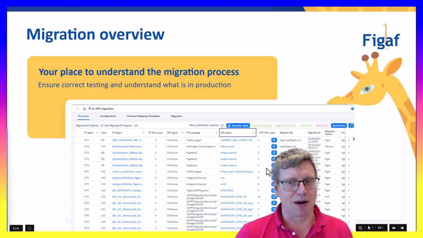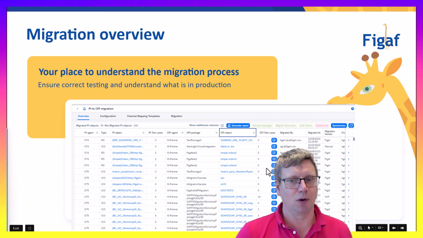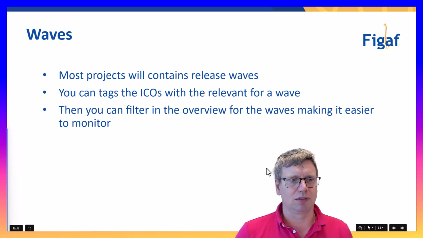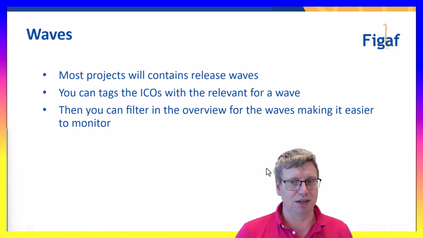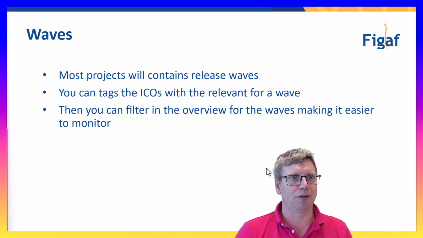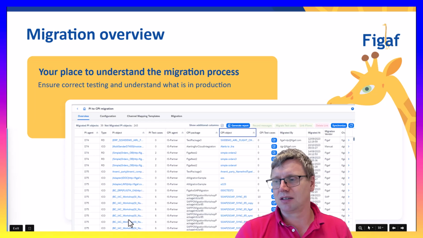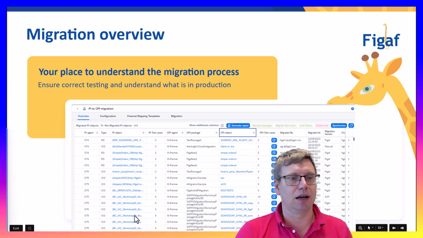So this is the part that replaces your Excel sheet for managing these things, and we even support what you would normally recommend, going through some different waves, where I would say in wave 1 we would migrate these 10 interfaces or 20 interfaces, depending on what's the scope of your integration, where you can then go in and say, okay, these 3 ICOs, they are in wave 1.